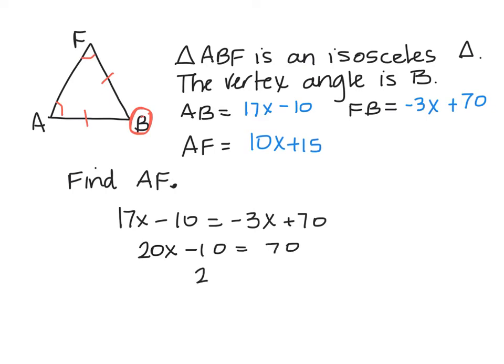And I'm going to add 10 to the other side. And I'm going to divide by 20. Now if I want to know what AF is, AF is 10x plus 15, or 55.